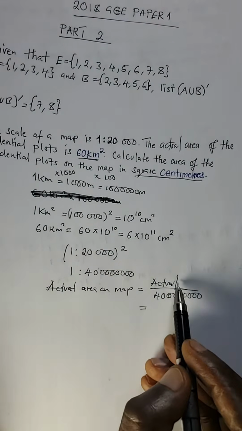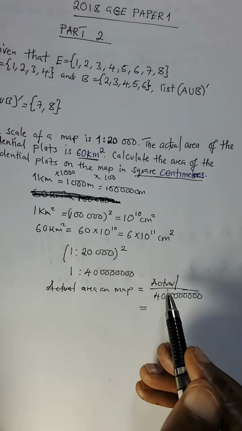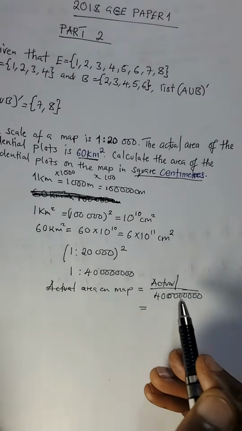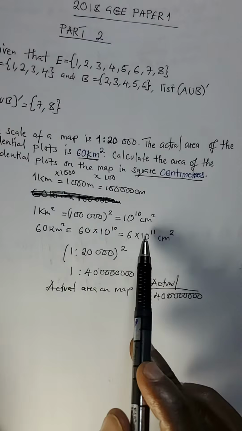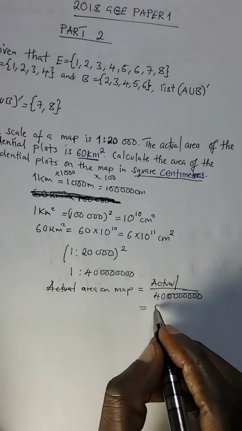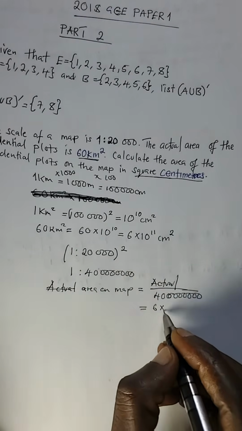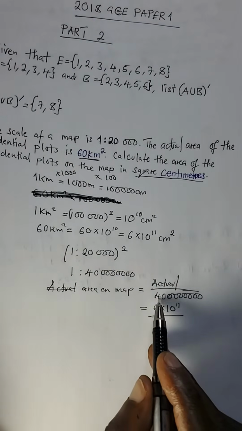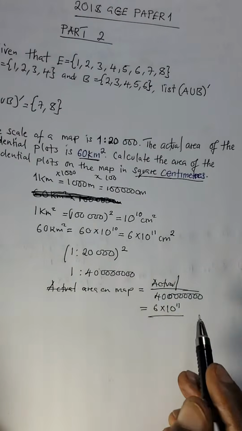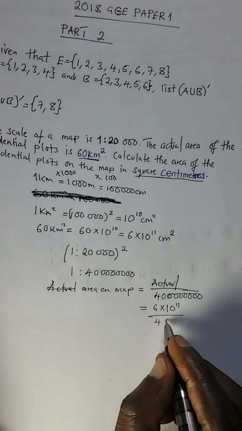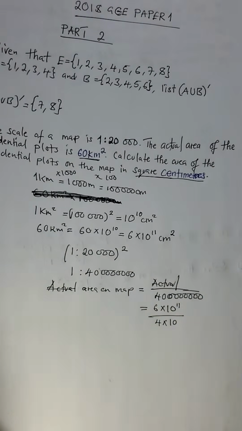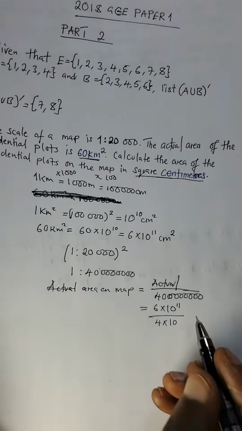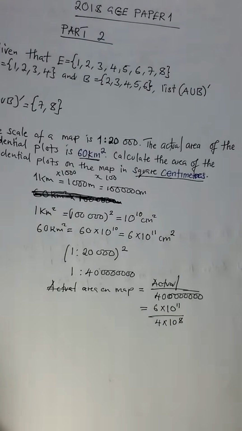Now, what is the actual area? The actual area is 6 times 10 to the power 11 over 4 times 10 to the power 8. We have 8 zeros.